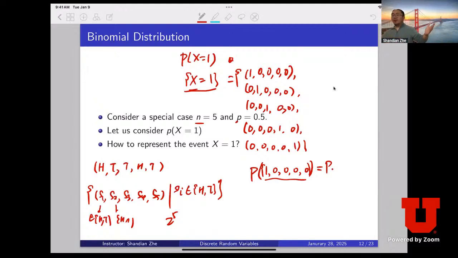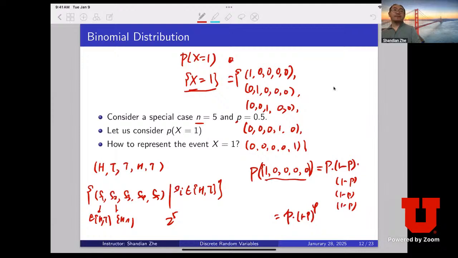The first time you see heads with probability p. The second time you see a tail with probability 1 minus p. Third one, you see a tail with probability 1 minus p, the fourth one, 1 minus p, and the last one, 1 minus p. Summarized, it is p times (1 minus p) to the power of 4.